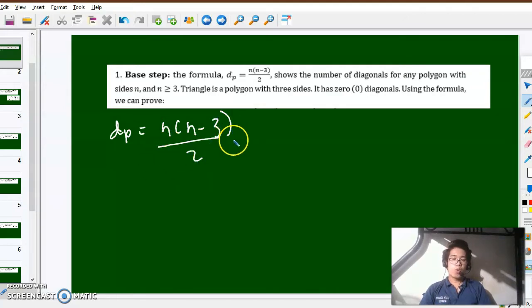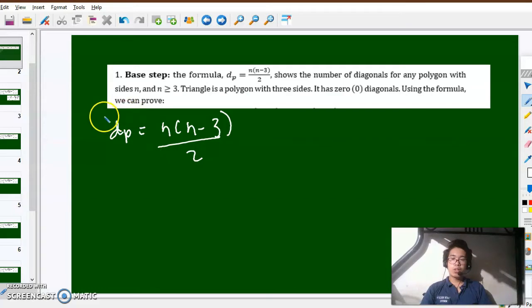The first thing we have to do for this kind of proof is use mathematical induction. What does mathematical induction mean? From the word induce, you add a certain value in order to prove the thing that you want to prove.